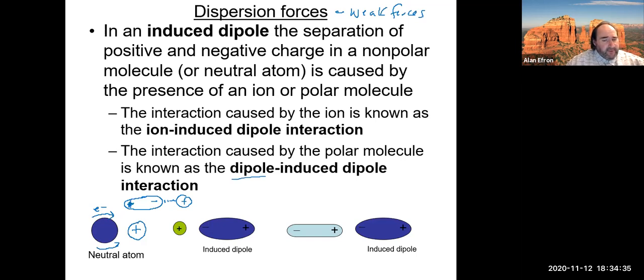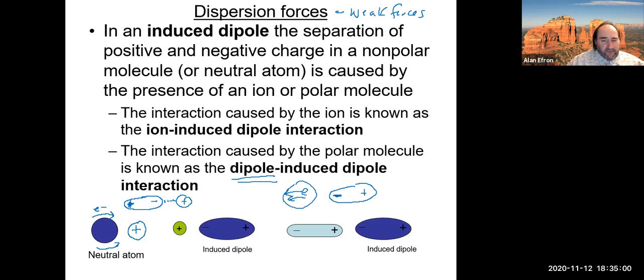Same thing happens if we put a polar molecule next to it, and that's what's sometimes referred to as a dipole-induced dipole. Same idea if we put a polar molecule next to this guy that is normally nonpolar or neutral, and the negative side of our polar molecule was next to it, the electrons in our nonpolar guy would actually go away because they don't want to be near it.